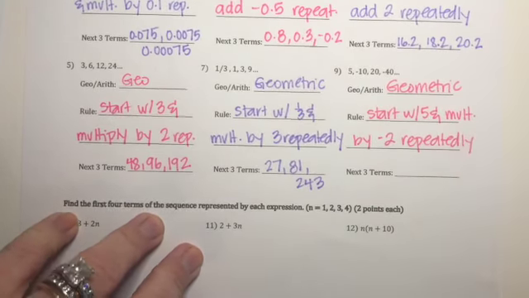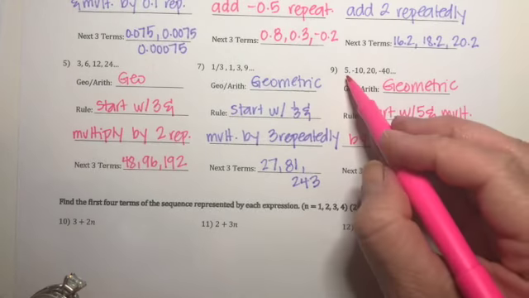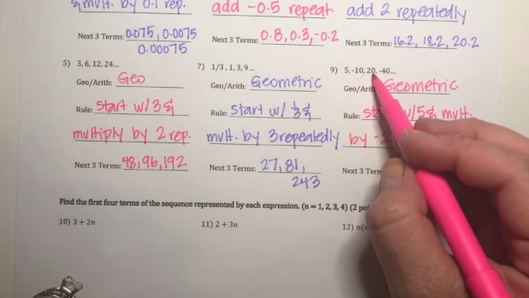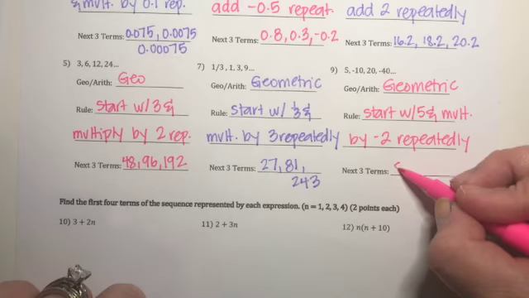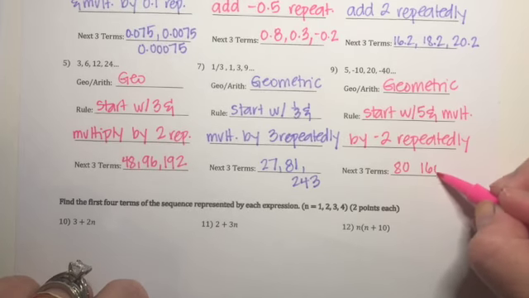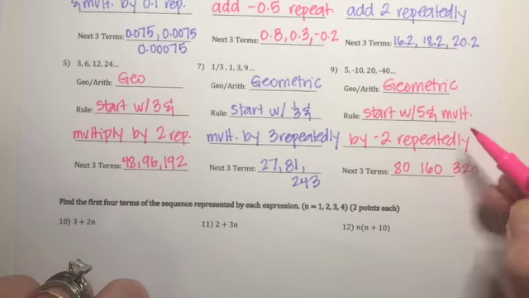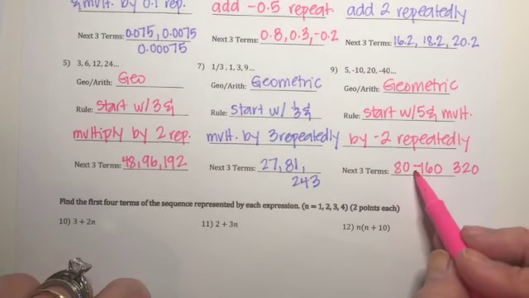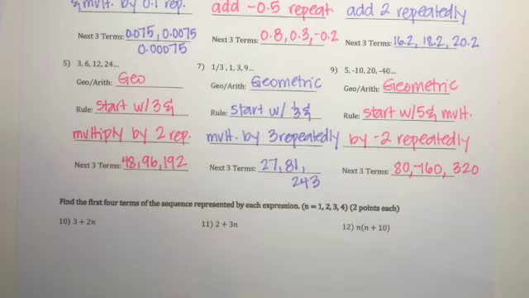Because remember, a negative times a negative is going to give us a positive. So 5 times negative 2 is negative 10. Negative 10 times negative 2 is positive 20. Okay, so then this would be 80, 160, 320, and let's look. It goes negative, positive, negative, positive.